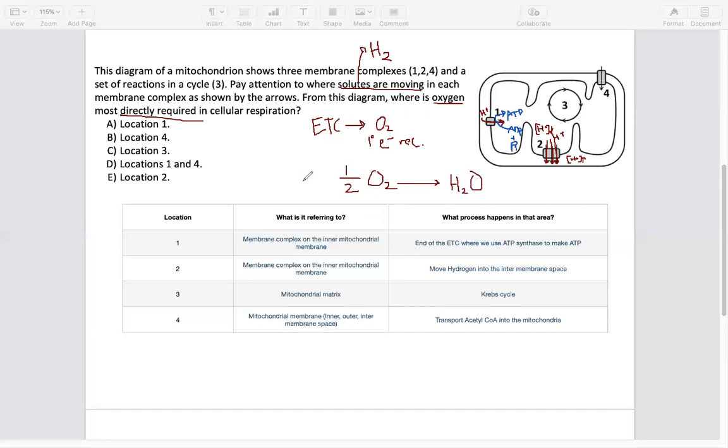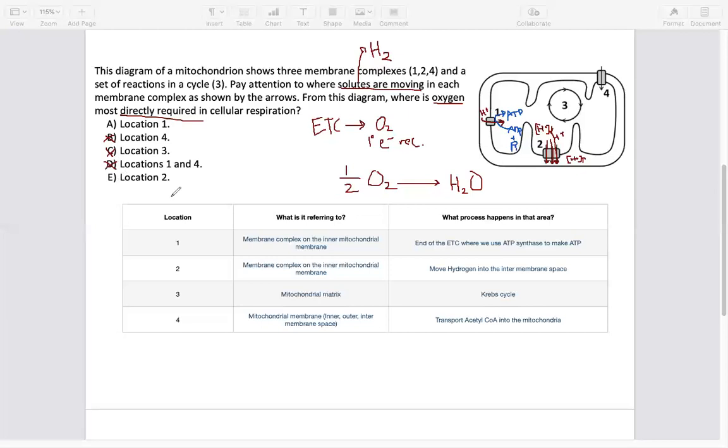Okay, so again, we wouldn't be dealing with location 3 just because we're not dealing with anything in the matrix. We also wouldn't be dealing with location 4 just because, again, it needs to just be the inner membrane and the matrix.